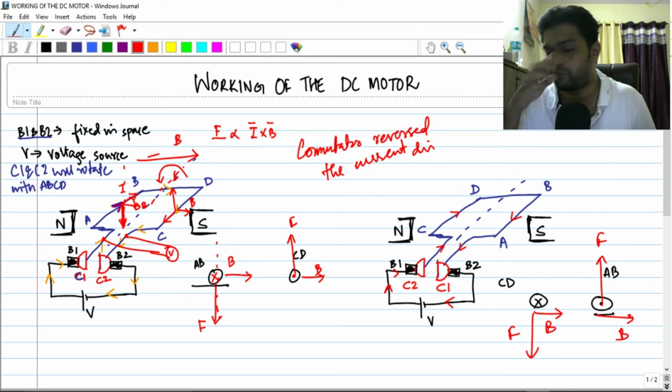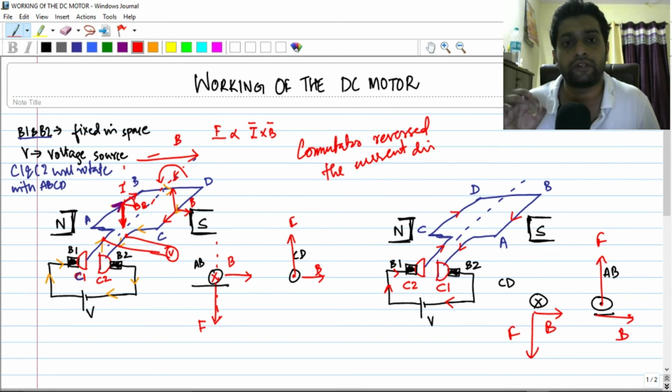Therefore the correct statement would be: the DC motor works on the concept of the Lorentz force, but along with the commutator, which helps to convert that direct voltage into an alternating voltage inside the winding.